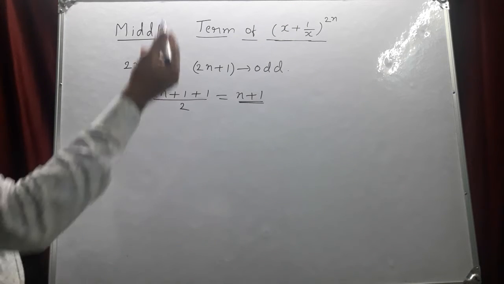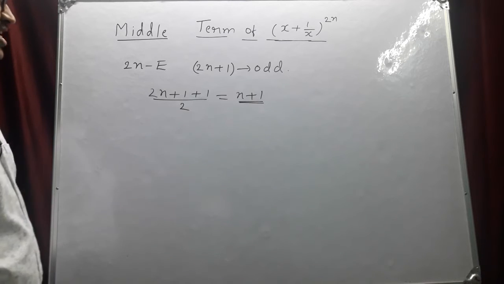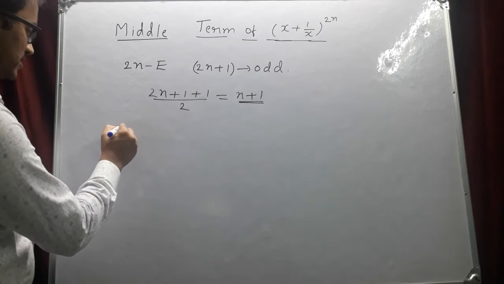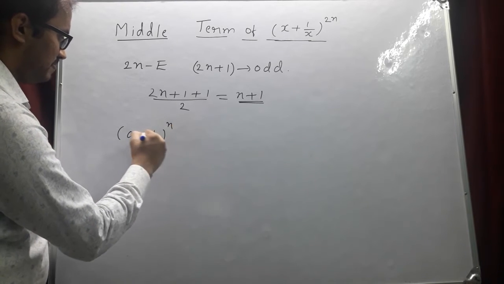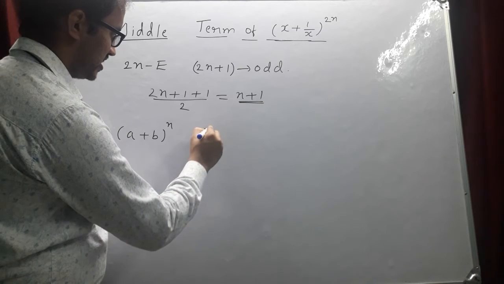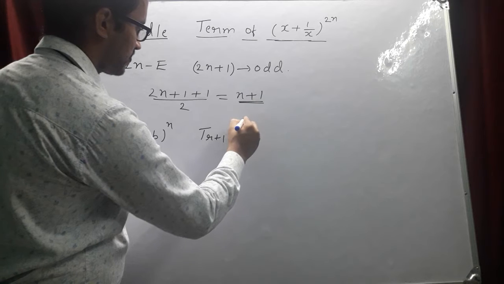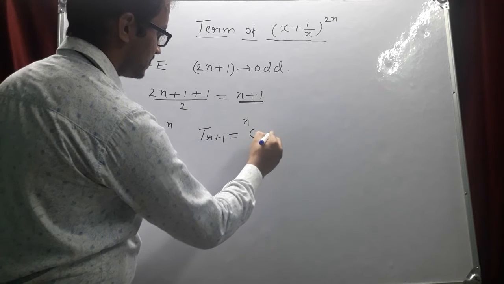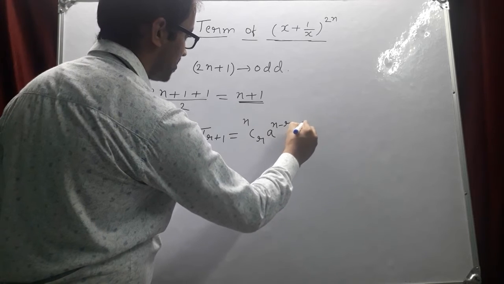So we obtain the middle term by using the general term of (a plus b) power n. We have seen it is given by T(r plus 1) equals nCr a power (n minus r) into b power r.